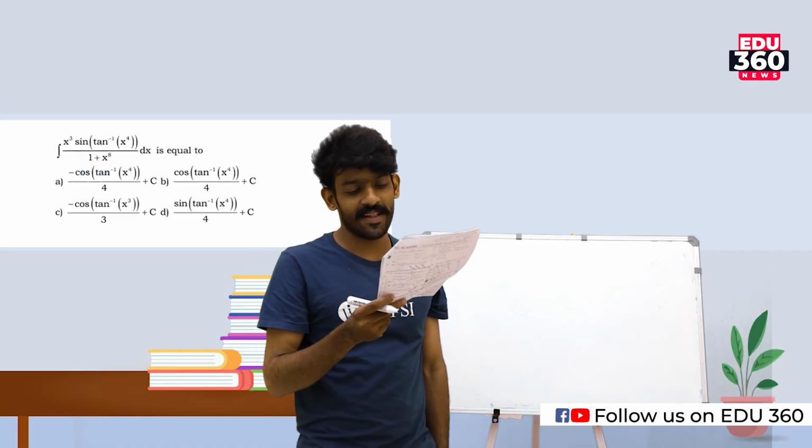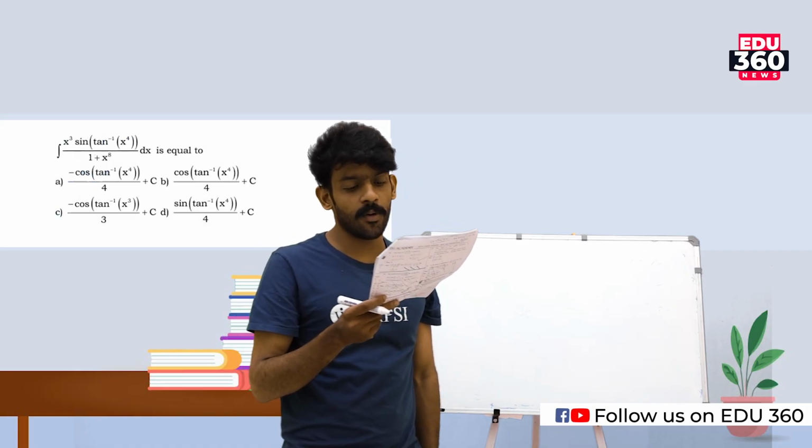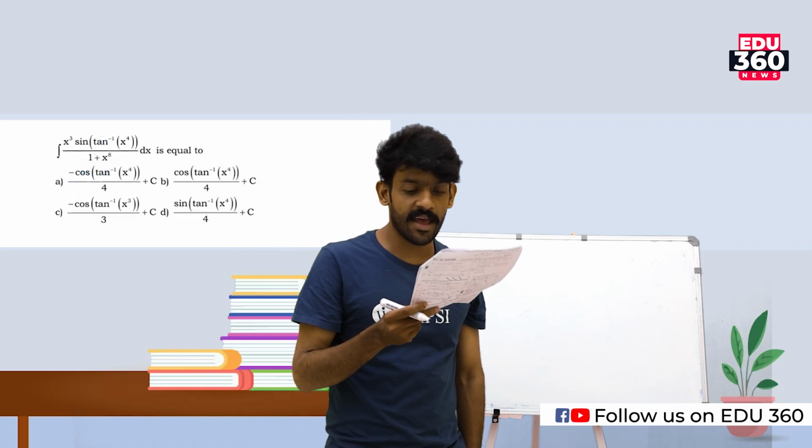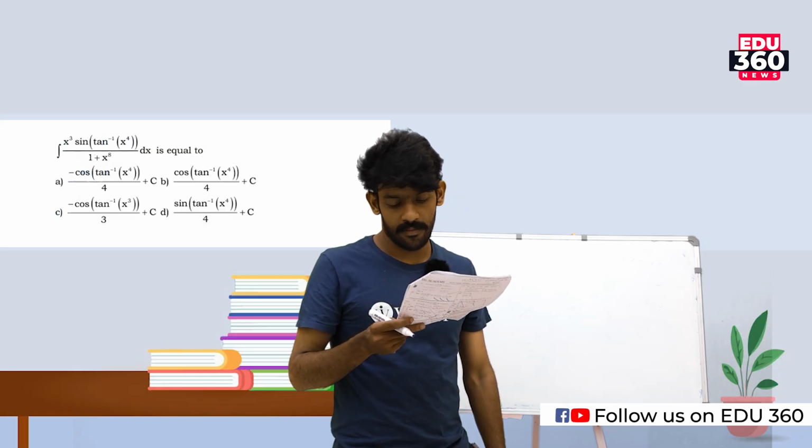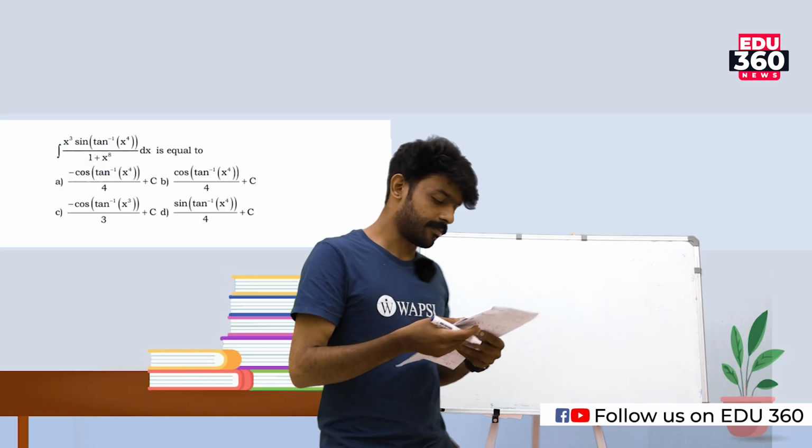The question is given: integral x cube sine of tan inverse x raised to 4, divided by 1 plus x raised to 8, dx, is equal to, we need to find the value.